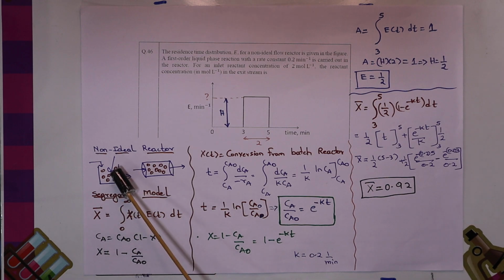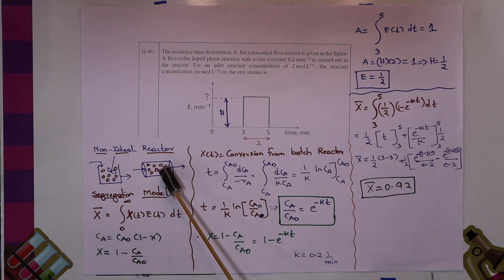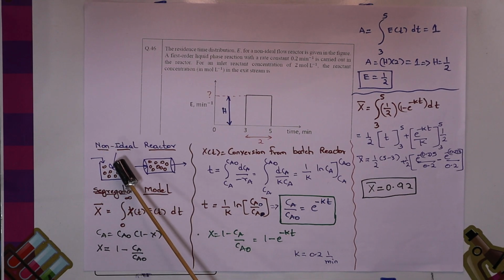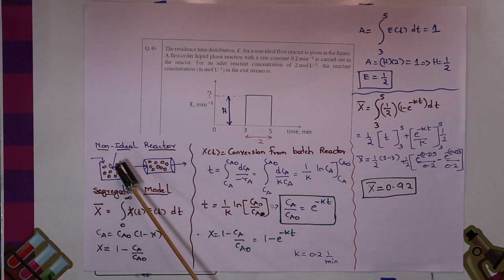Reactant molecules lump together to form a batch, and the conversion in each batch is different, because every batch reactor spends a different time in the reactor. Every circle inside this reactor is a batch reactor, so you have to average out the conversions in all these batch reactors to get the final conversion.